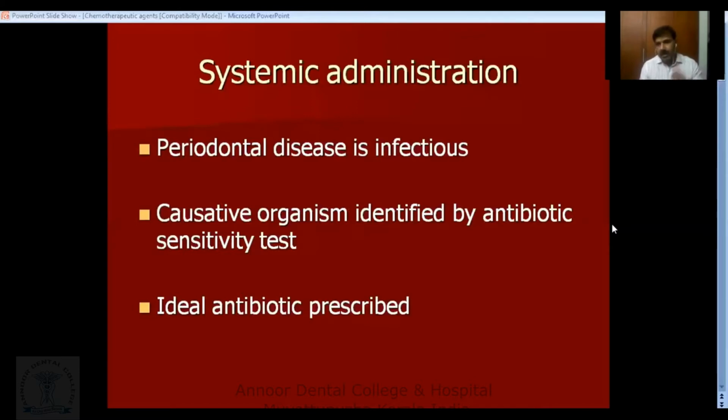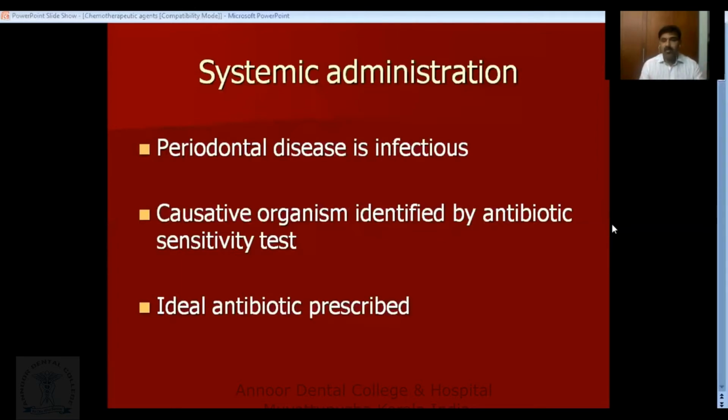A very good example is a condition of aggressive periodontitis. In aggressive periodontitis, the problem is that these microorganisms do not remain within the gingival sulcus. They may be present within the gingival tissues also.